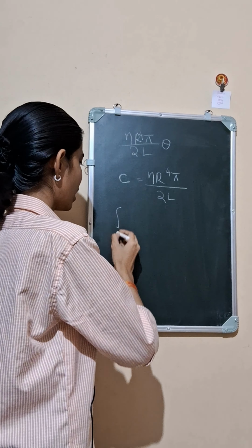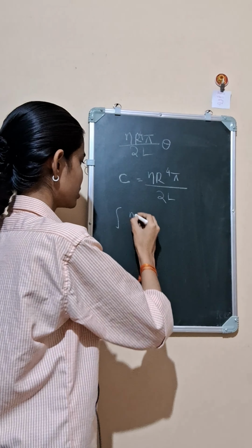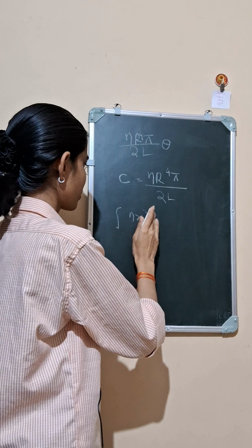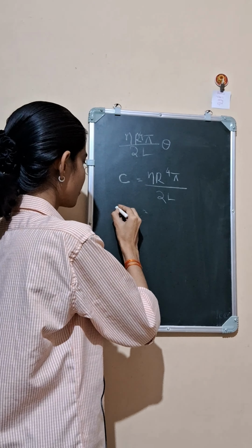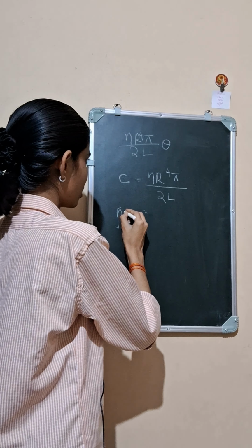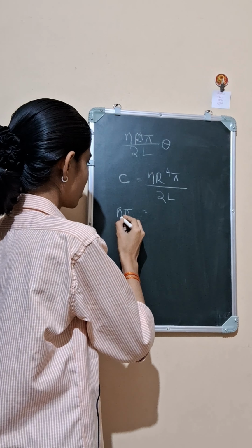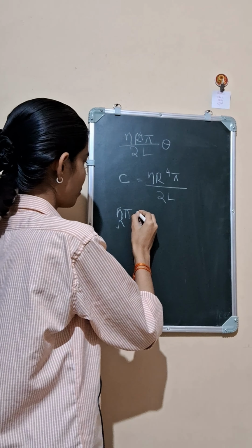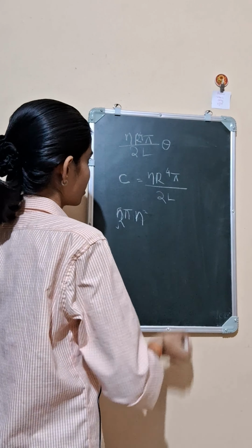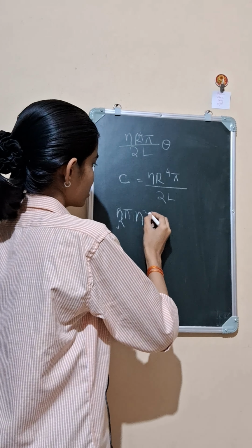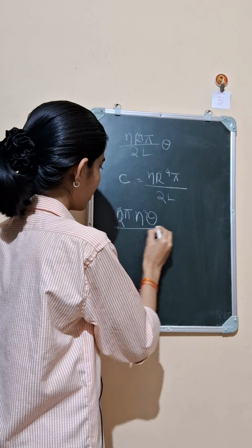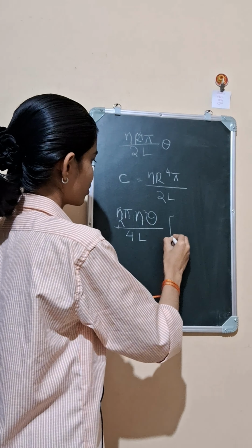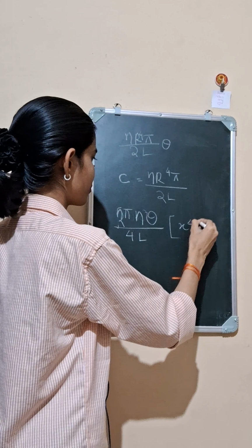The expression I had was 2 pi eta theta by 4l into x to the power 4.